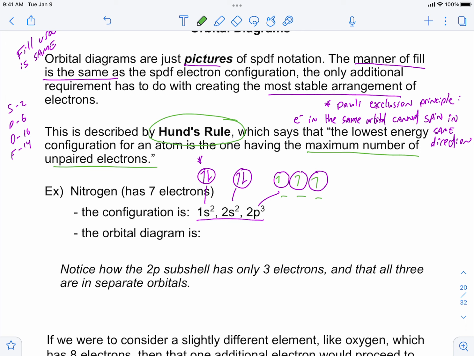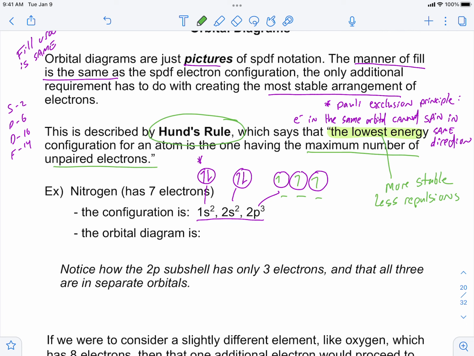All 3 electrons are unpaired. 3 unpaired electrons is lower energy, and when we say lower energy, we mean stable, more stable. Less clashing. So Hund's rule says electrons will spread out and they will not pair up unless there's no other option.